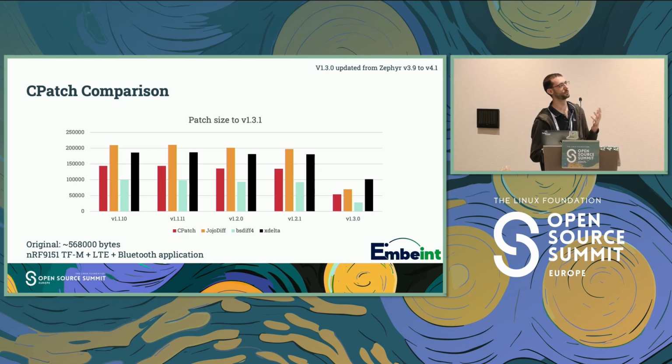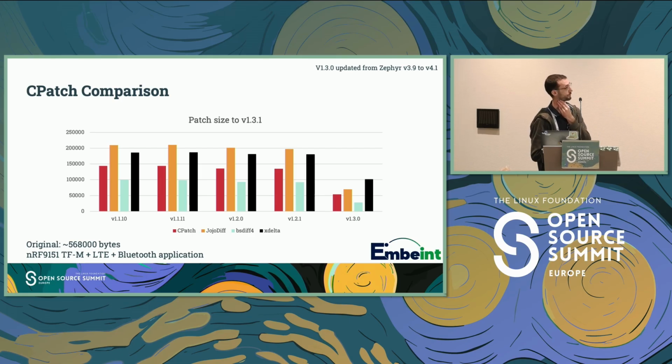But the diffs don't explode, right? Whether you're running 1.1.1, 1.1.10 or 1.1.11, it doesn't really make a difference for the patch file. So even when you're jumping from much further than 3.9 to 4.1, the diff files still don't explode. They're still delivering you sort of meaningful savings.